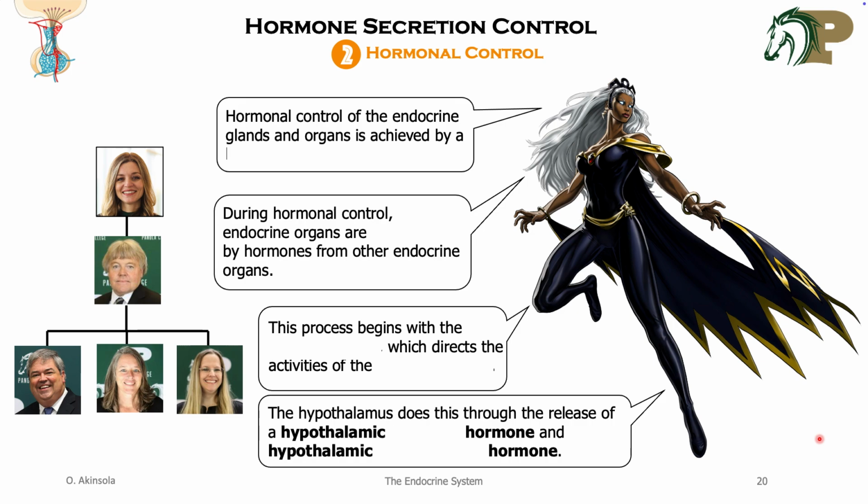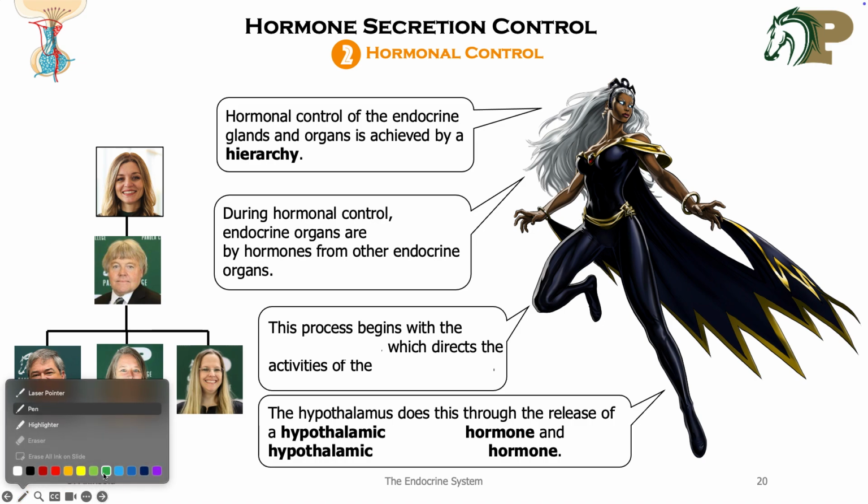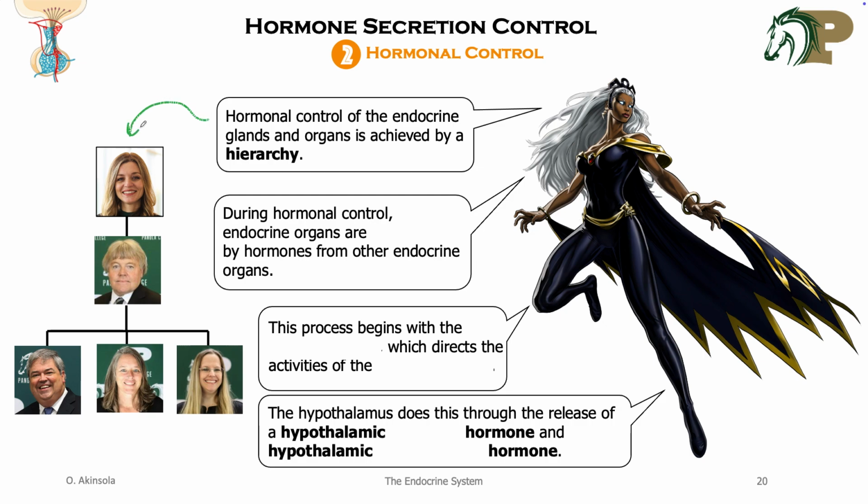Hormonal control of the endocrine glands and organs is achieved by a hierarchy, similar to the one that we have here at Panola College, where we have our president, Dr. Pace, one of our vice presidents, Dr. Adams, and then several different department chairs, such as Dr. Rutherford, who's over kinesiology and sciences, and other department chairs here at the college.